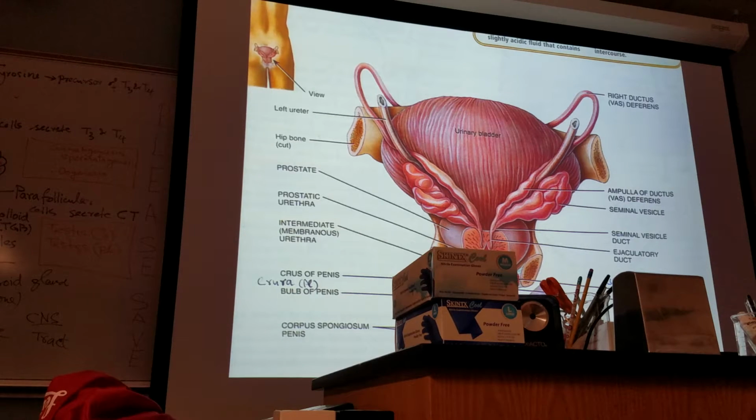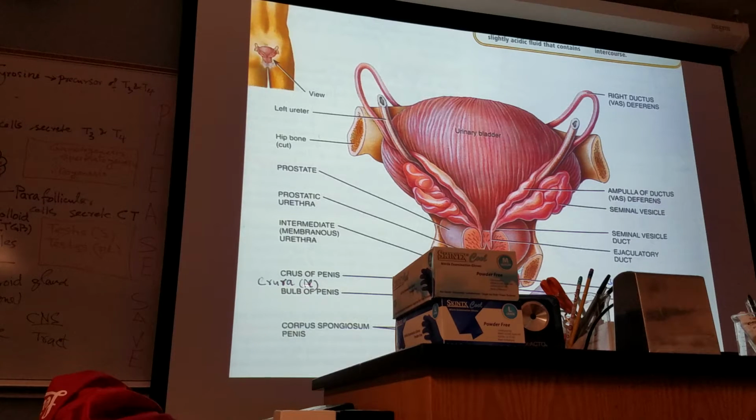This is called the root of the penis, formed by three cylindrical structures: corpus cavernosum here, each on each side of the corpus spongiosum. This forms the crus of the penis, crus meaning the leg. Crus is singular, plural is crura.